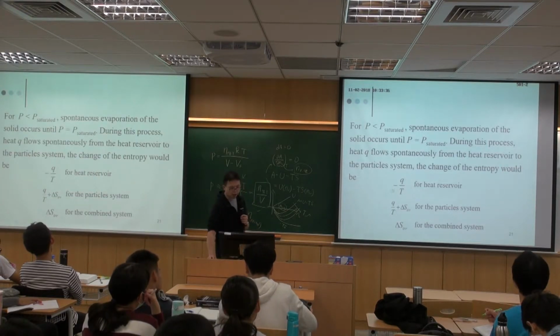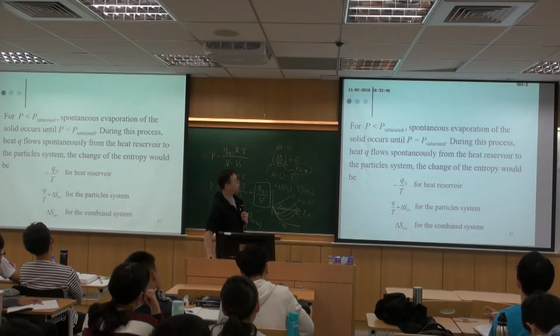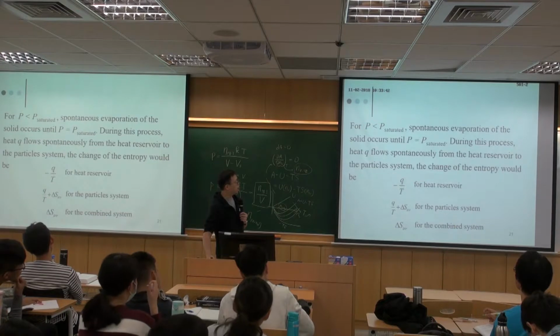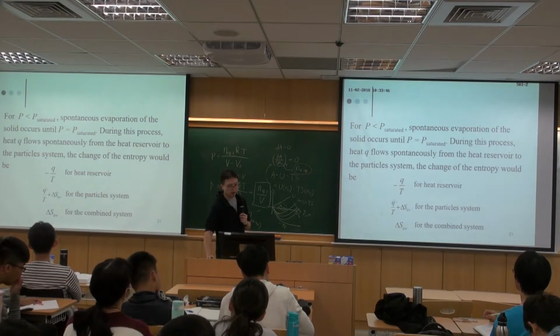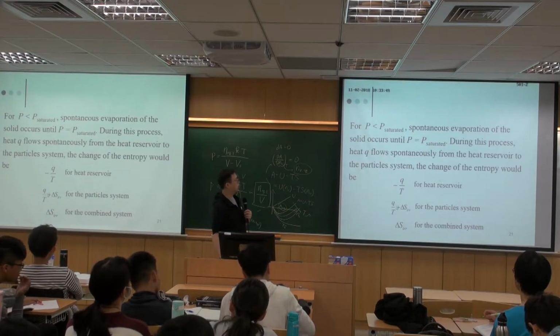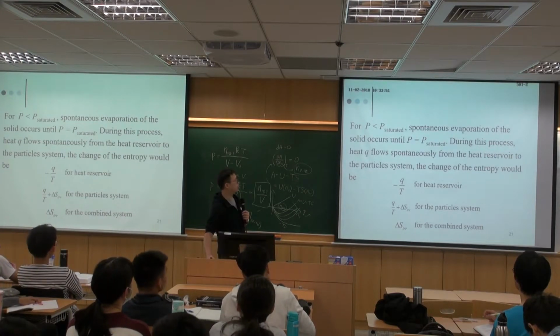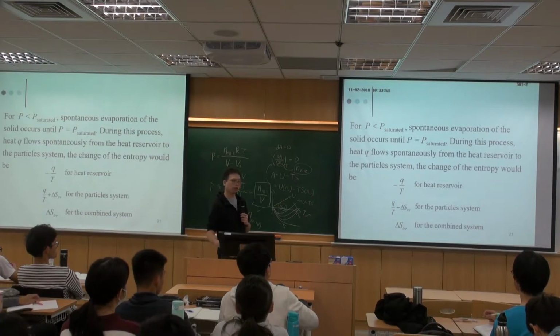We know this is an irreversible process. So although we supply a certain amount of heat into the system, the entropy change for the particle system is actually greater than the heat supplied. We've already mentioned this several times.